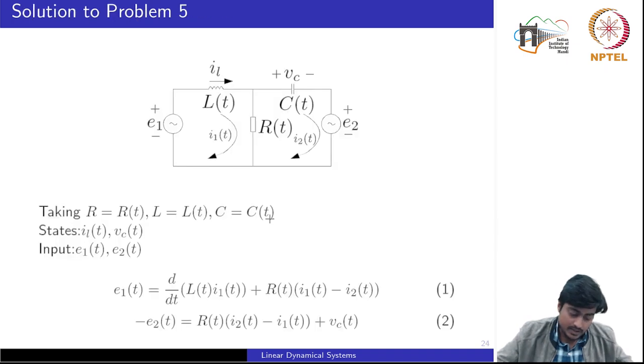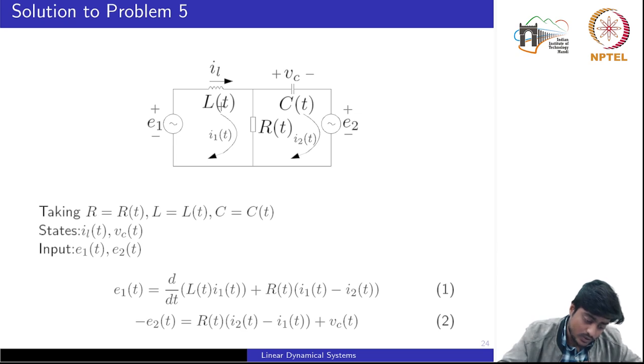So the idea would remain the same, that we have the two loops, and just one point to note here: once we write the equation of the first loop, since L was a constant parameter in problem 1, we directly represented the voltage across the inductor as L di1 by dt.